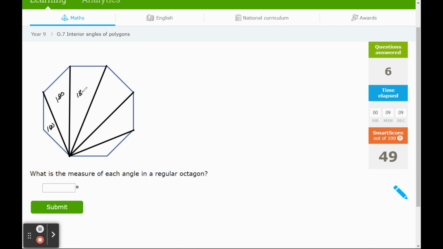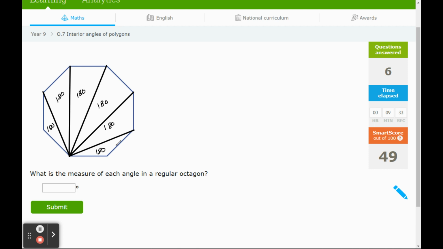That's 180 plus 180 is 360, 540, 720, 900, plus another 180 comes to 1080.